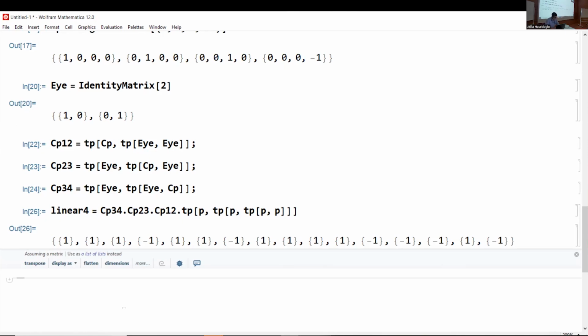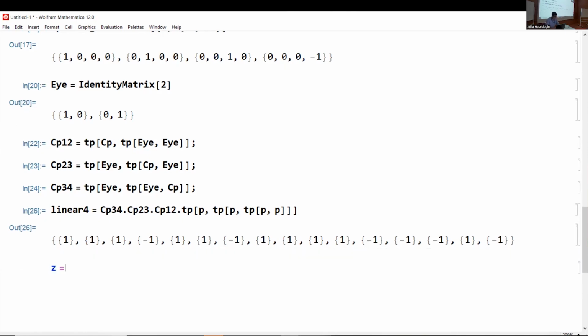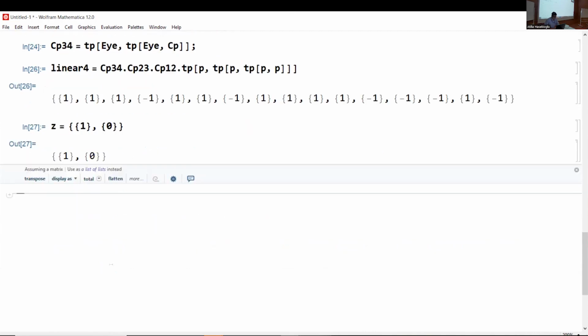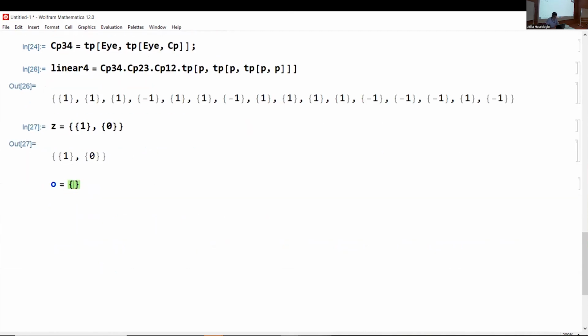So I define ket 0 as (1, 0) and ket 1 as (0, 1).